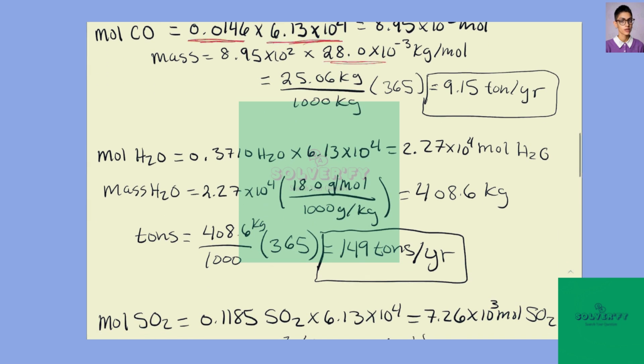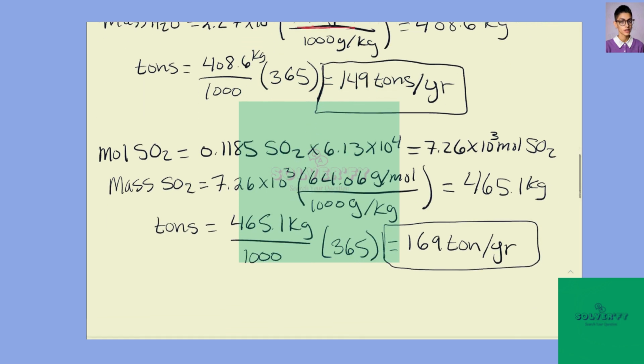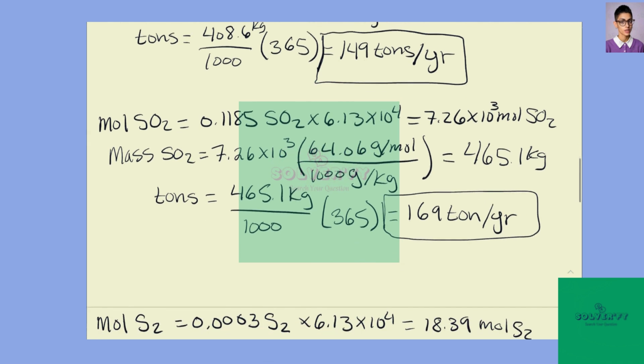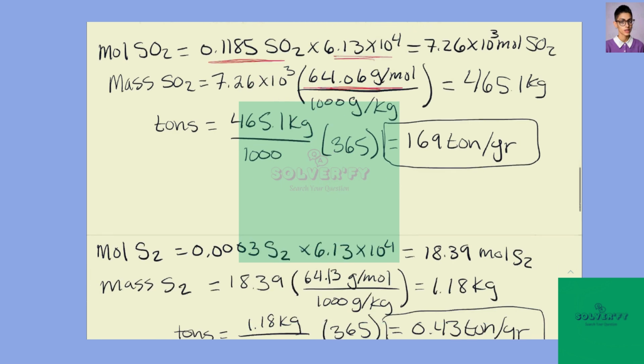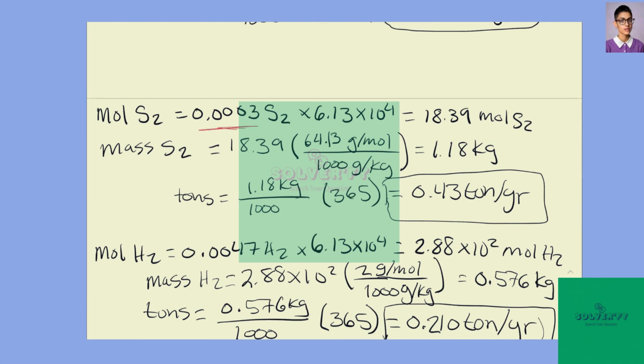And all you're doing is just switching out the number for the mole fraction for each element or compound of the sample and using its molar mass. And that is how we calculate all of these. We just use their mole fraction with their specific molar mass to find how many tons per year of each of the elements in the sample.